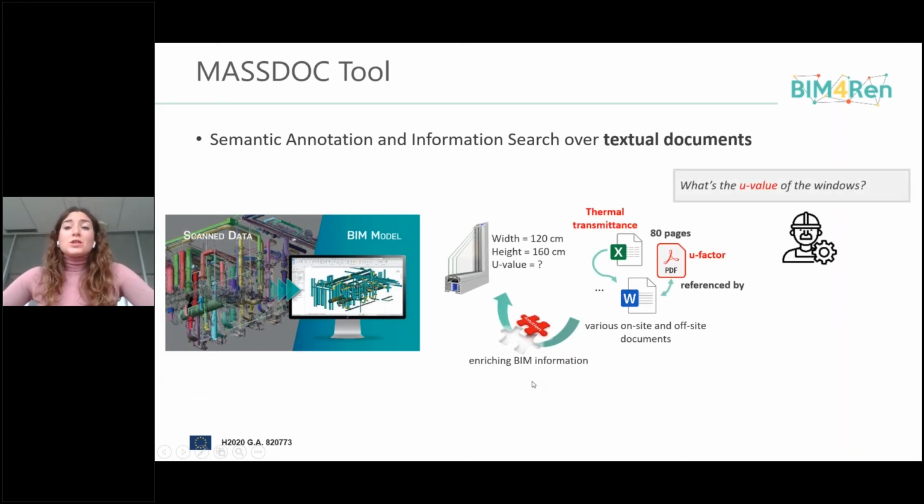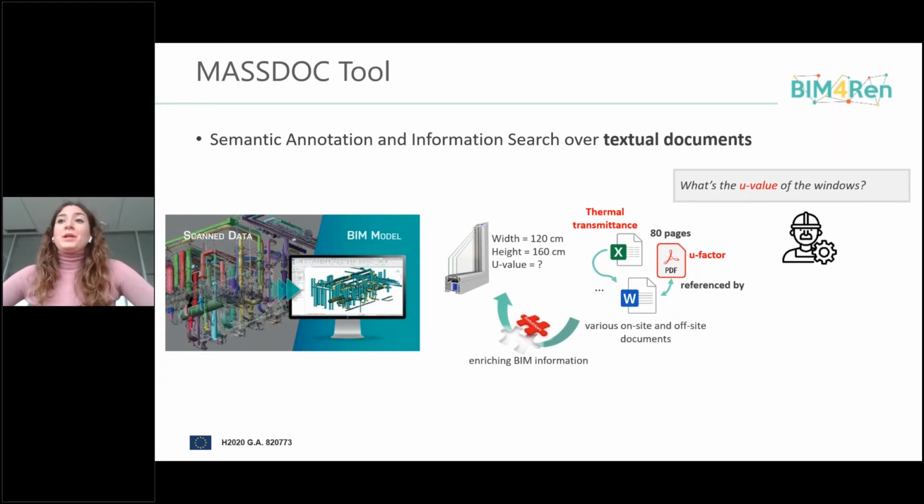This is quite challenging because these documents can have various formats and could be of various pages. They could also have links between them, for example, a reference between documents. And we also have the issue of the vocabularies used to describe the same information.